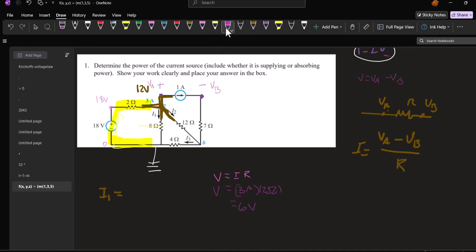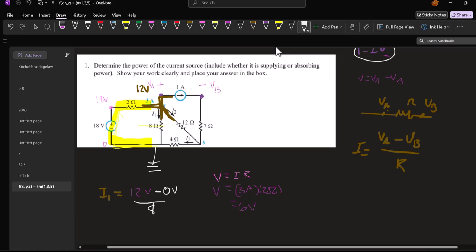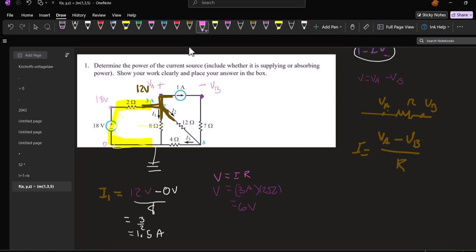So I is going to be 12 volts minus, at the other end of the resistor we're at ground, so that's 0 volts, over 8. That's 12 over 8, which is 3 over 2, or 1.5 amps. So I1 is 1.5 amps.